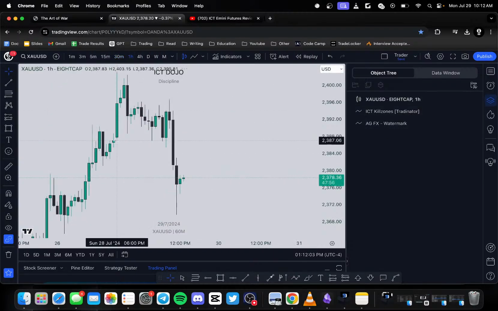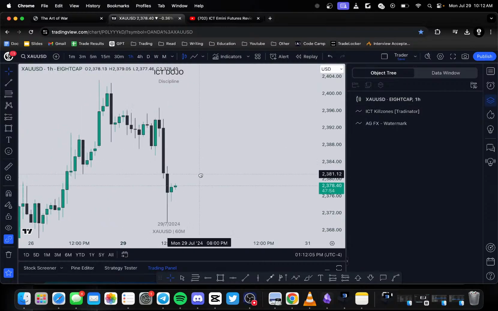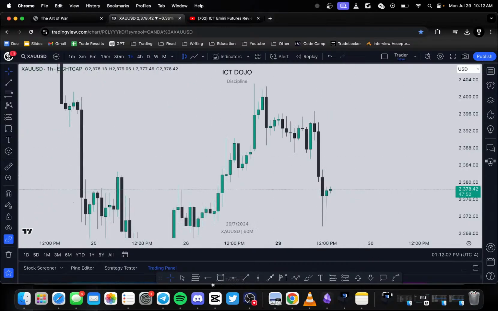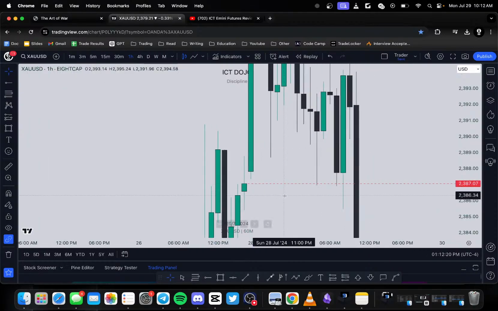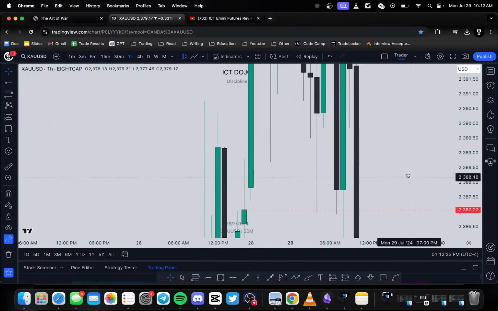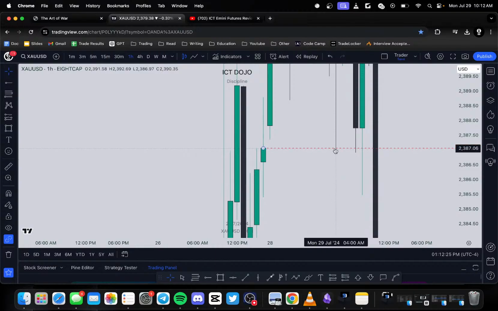Okay, 1 hour chart. We have the gap. Gonna mark out the bottom of this gap, the exact level that the new week opening gap opened at. Boom. It literally ran straight into it.